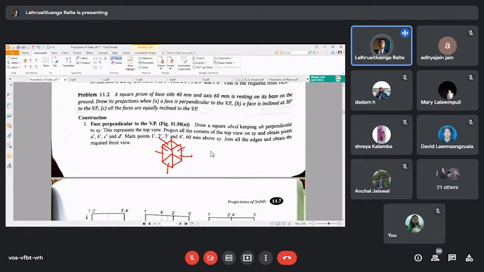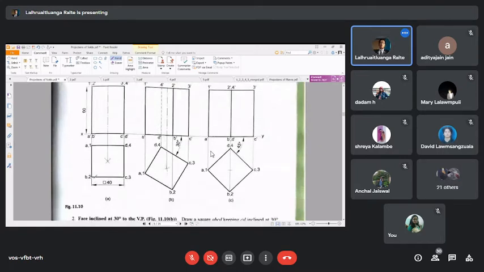So here in our first condition, one of these four faces is perpendicular to the VP. So when it is perpendicular to the VP, we are going to get an orientation like this. So the face AB21 is now perpendicular to the VP, right? It is perpendicular to the VP.